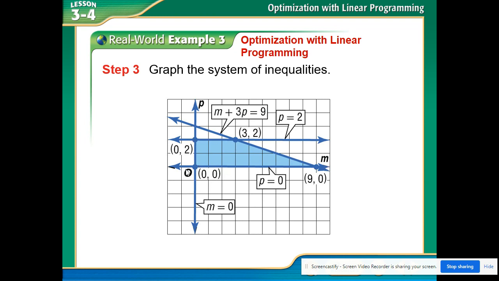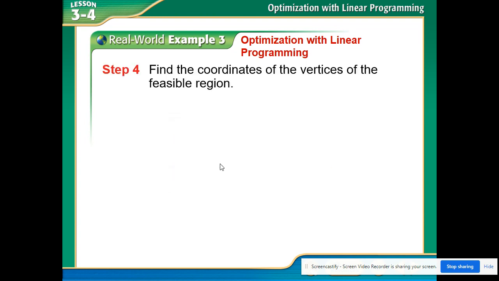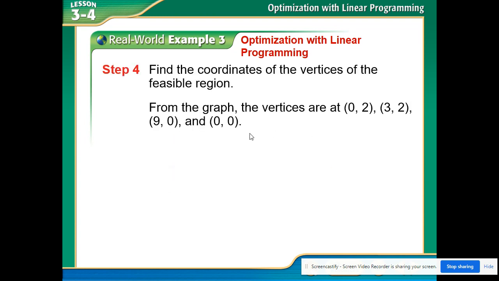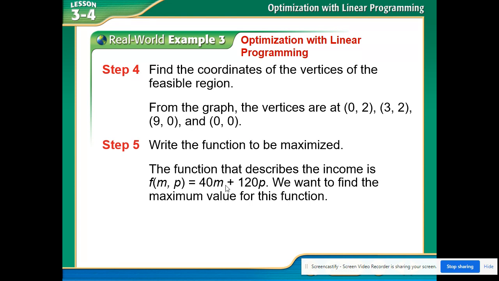Now we probably are pretty positive that if we mow no lawns and do no pruning, we're not going to make the most amount of money. But it is a possibility in here. Obviously, it's our minimum possibility, and that's not one we want. We want a maximum. But that is a possibility of something that we can do. We could do nothing.